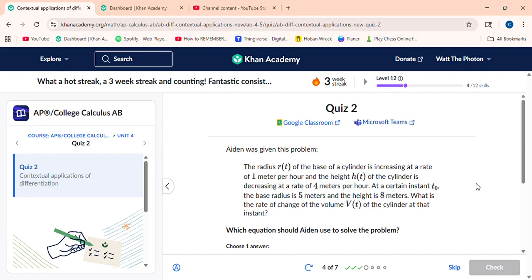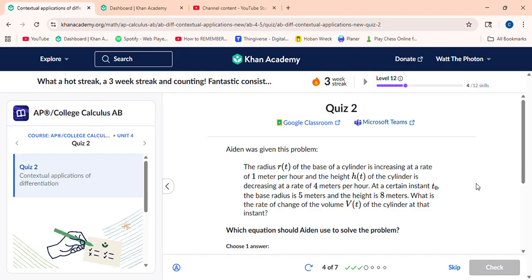And our height, so h'(t), is equal to negative 4. Okay, so that's cool. r'(t) is equal to positive 1. h'(t) is equal to negative 4. Cool. At a certain instant t of 0, the base radius equals 5 and h equals 8.